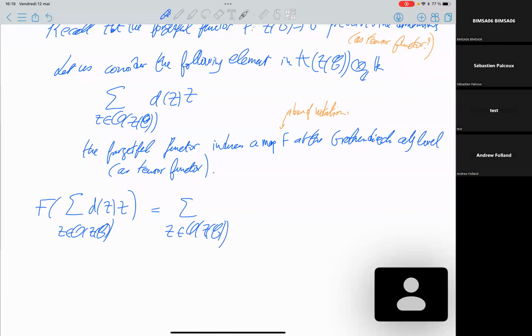You can commute F with the sum, and what you get is the following.